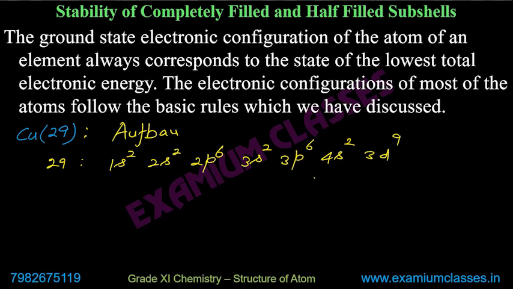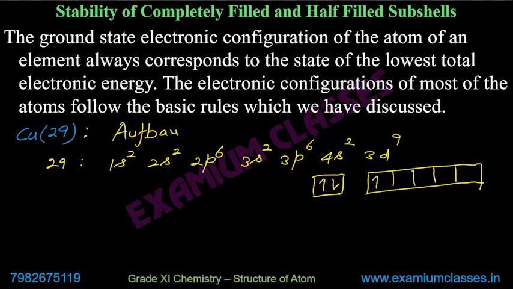Again the same thing. S subshell will have one orbital with 2 electrons. D subshell will have 5 orbitals with 9 electrons. 1, 2, 3, 4, 5, 6, 7, 8, 9. Now you see this one has just one electron.